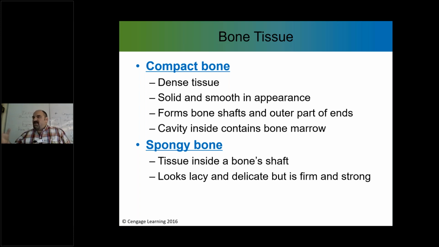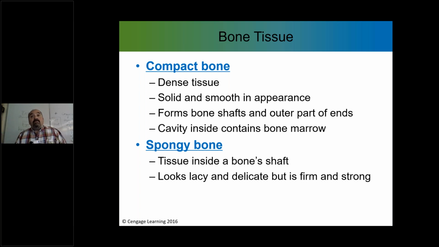It has kind of holes in it, it's porous, and you're going to have a lot of blood vessels flowing through that, and nerves passing through those holes within the bone. So it looks lacy, delicate, but firm and strong. Compact bone is dense. It also has holes present where blood vessels can flow through. So know that.